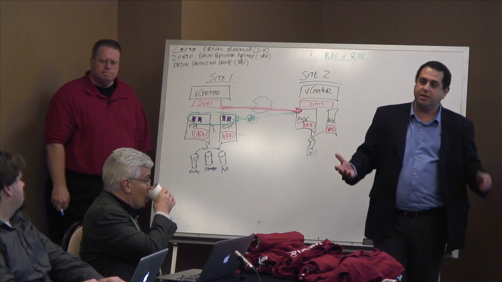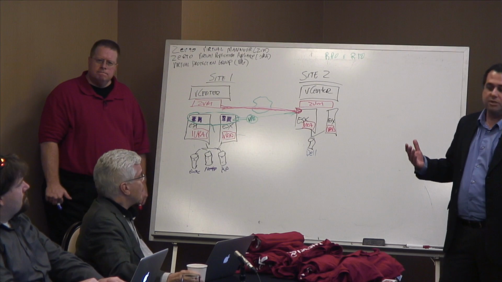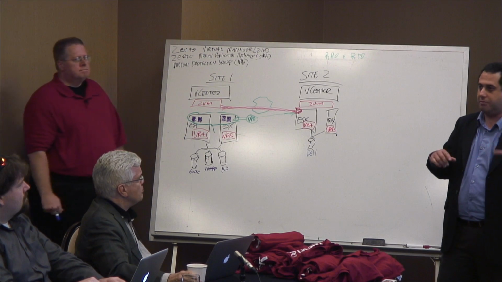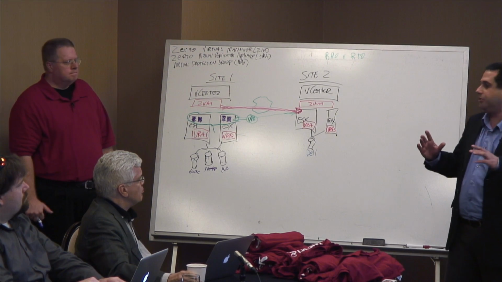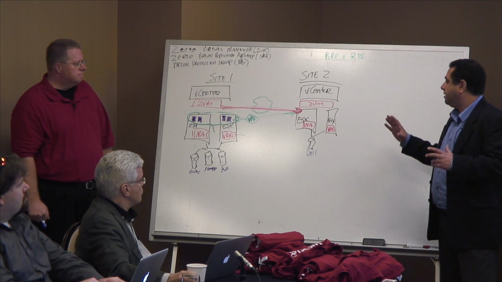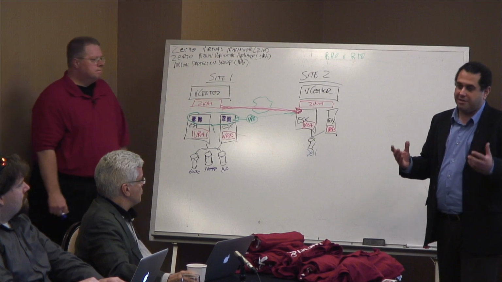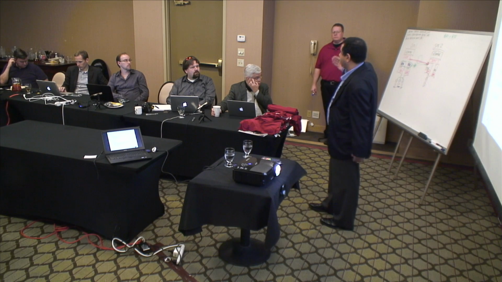So if you make this consideration, and you will see it, I will go back to this point in my demo as well. If you think of your DR as basically balancing between cost and performance, what's my DR policy in a sense? Do I have to keep the same performance that I have in production when I have a DR event? Maybe I don't have to keep it for everything.